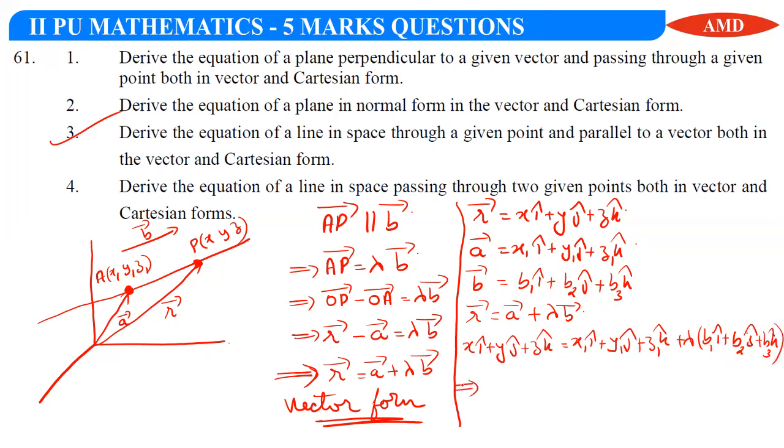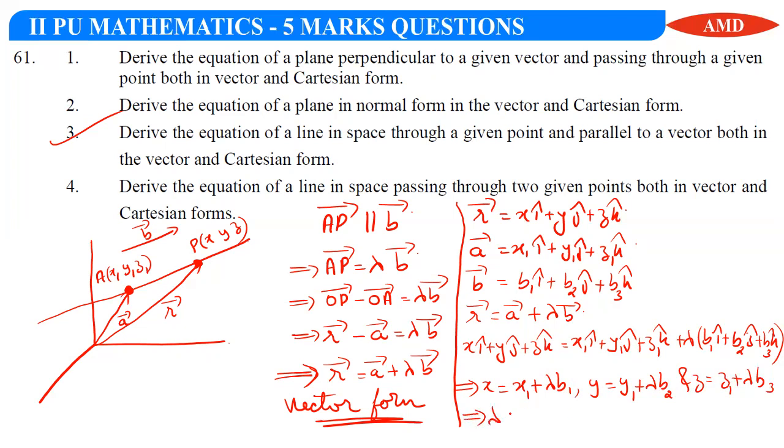Next, I'm going to equate the coefficients of i cap, j cap and k cap. So we have x equal to x1 plus lambda times b1, y equal to y1 plus lambda times b2, and z equal to z1 plus lambda times b3.